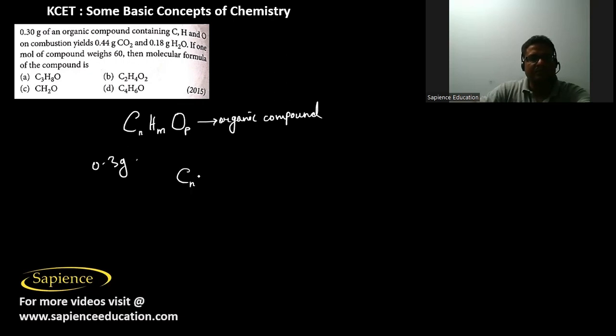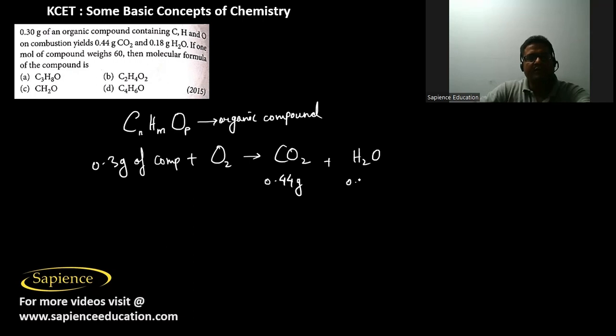So it means if I have CnHmOp, 0.3 gram of this compound with its combustion with oxygen will give 0.44 gram of CO2, and it will give 0.18 gram of H2O.